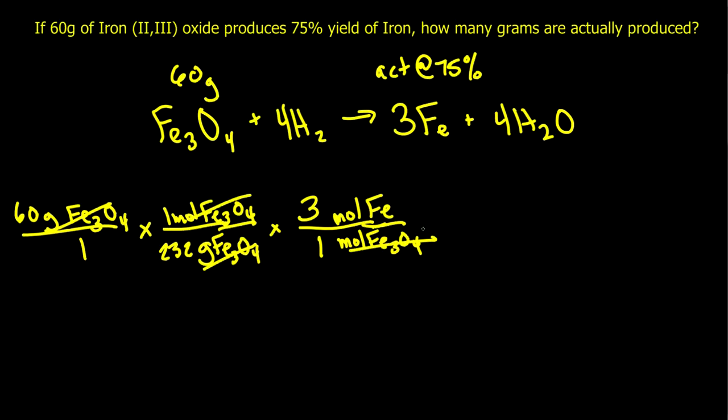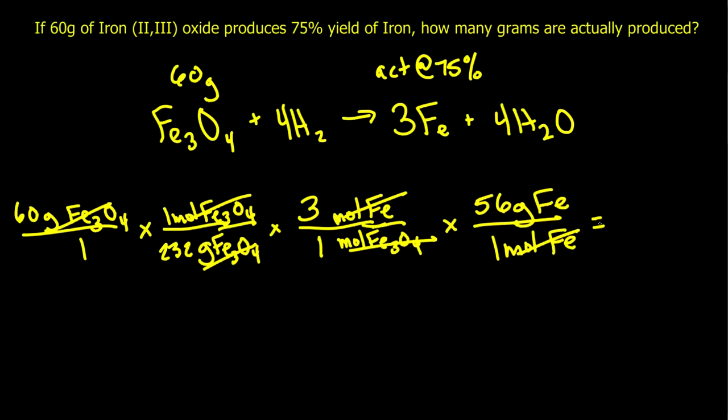Then once I got moles of iron, I need to change it to grams of iron. So 1 mole of iron is equal to how many grams of iron? Well, iron once again weighs 56 grams. So that cancels out moles of iron. And now we can do our math.